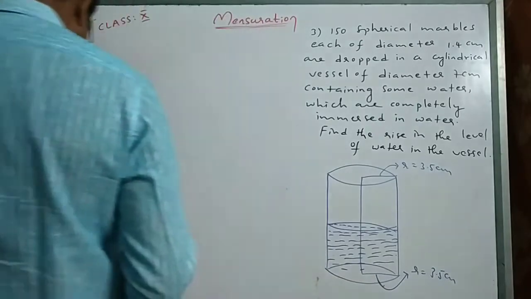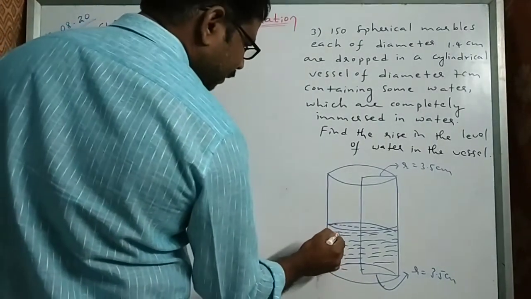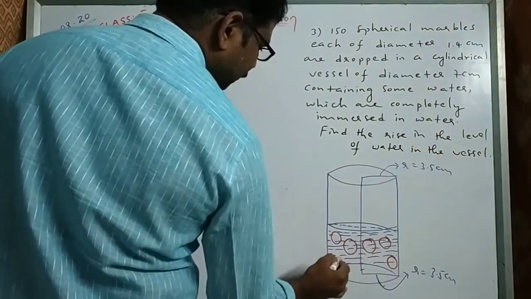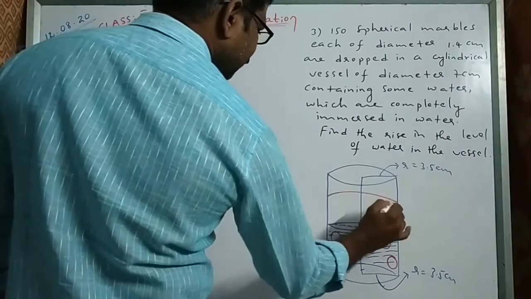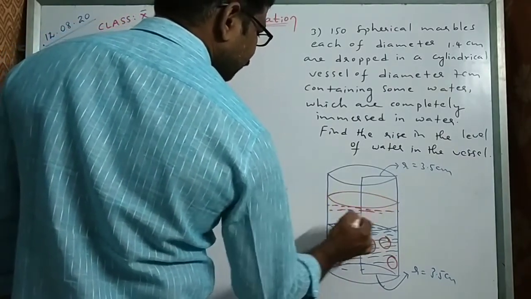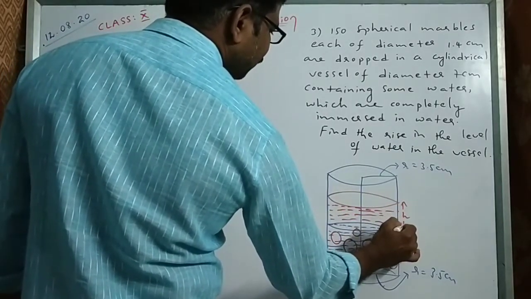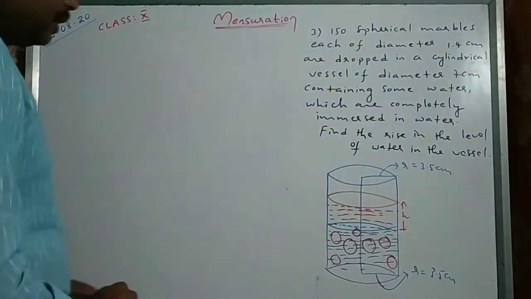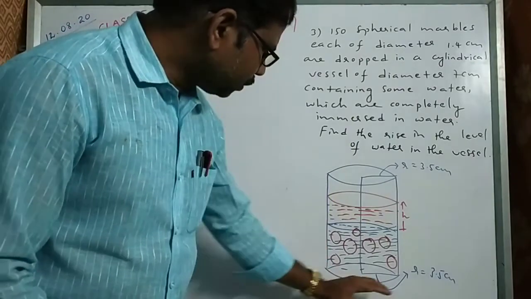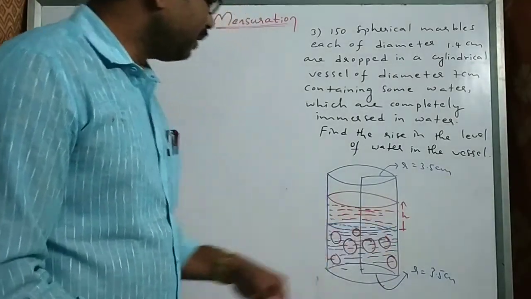Then in this, 150 spherical marbles are dropped. Immediately, what happens? Water level will rise up. What is the rise in the level of water? H we should find there. It looks like a cylinder. Just like before, the total volume of these spherical marbles is equal to the volume of the cylinder.